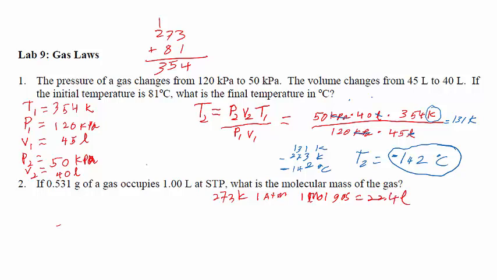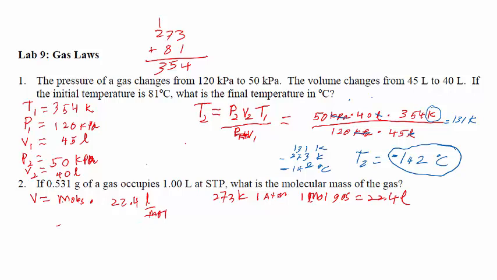So your ideal gas at this temperature and pressure, any ideal gas, is going to be 22.4 liters. Or you could say simply that volume equals moles times 22.4 liters per mole.